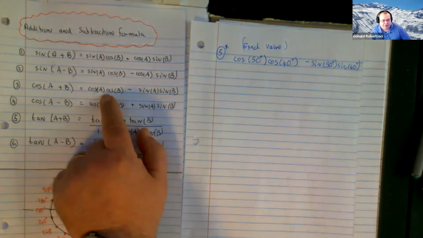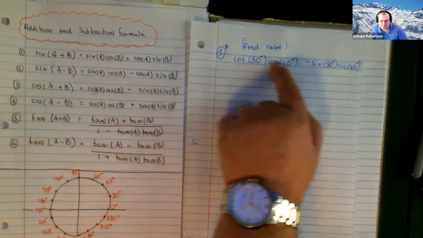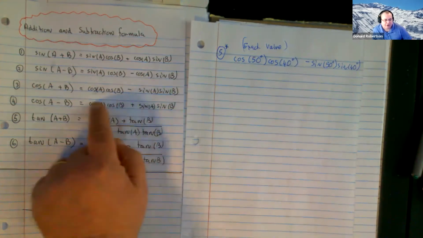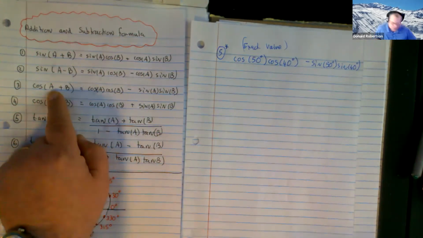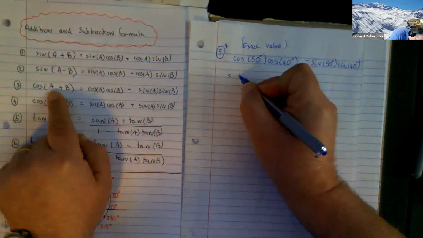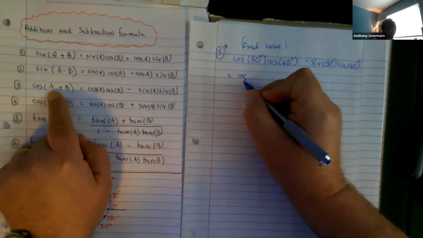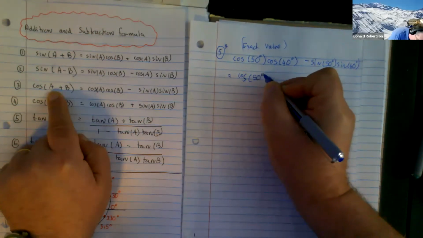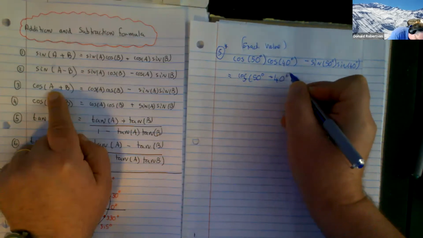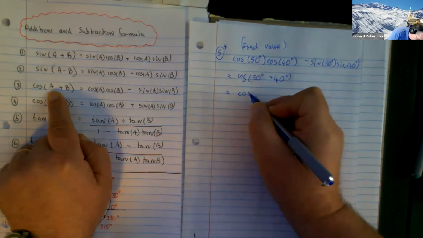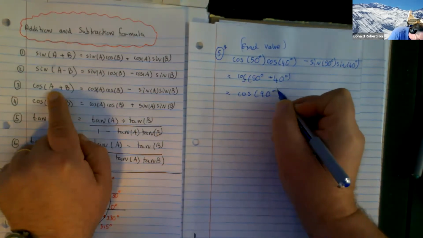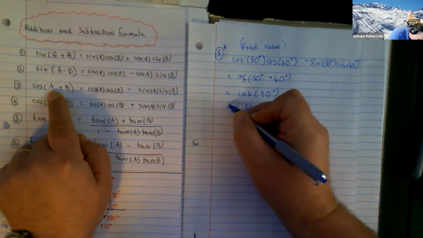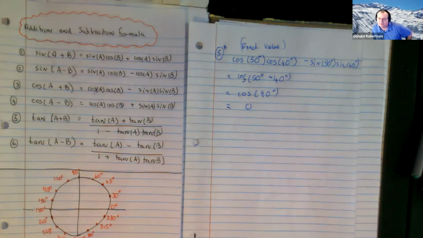So shouldn't it equal cosine of A plus B? That makes it the cosine of 90 degrees. And we all know that the cosine of 90 degrees is 0. Sneaky.